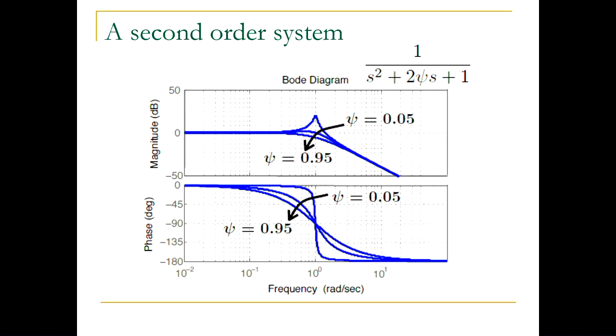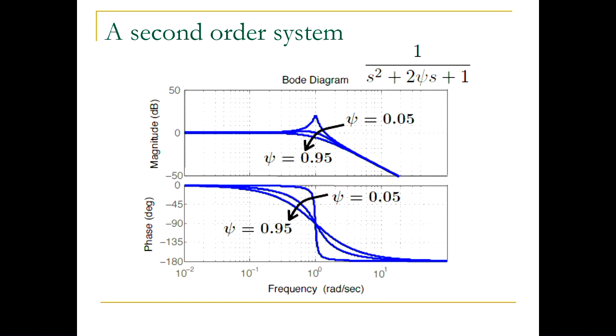You are closer and closer to marginal stability. What's psi? That's related to the angle that connects the pole and the imaginary axis. So as this angle reduces, in other words, psi reduces, your pole is traveling towards the imaginary axis. And as you get very close, you will get a very large resonant peak.